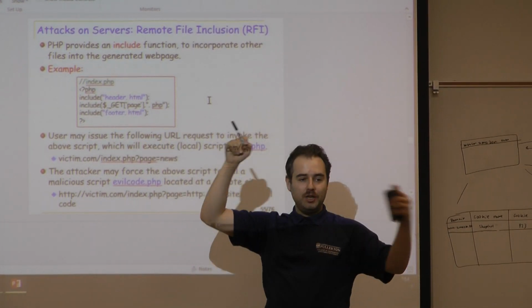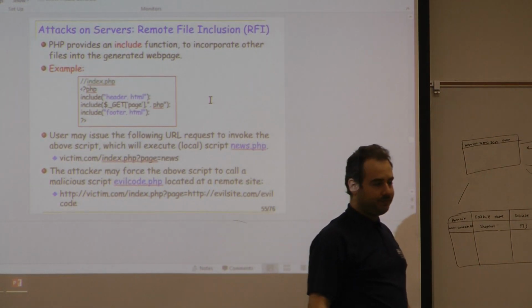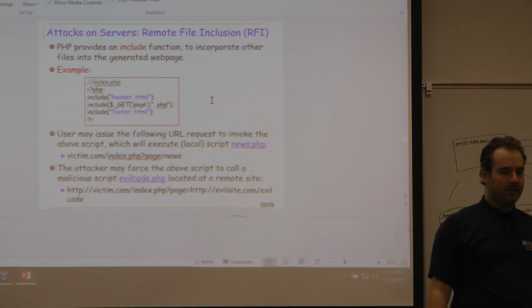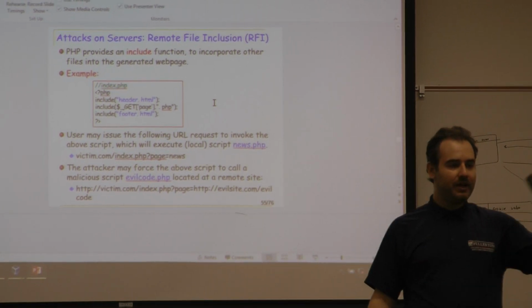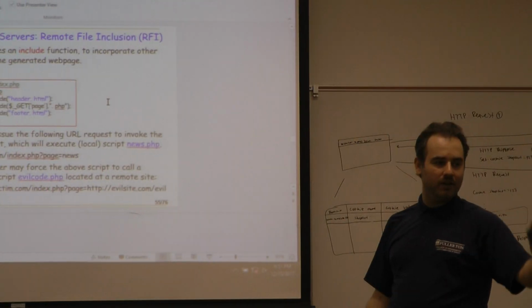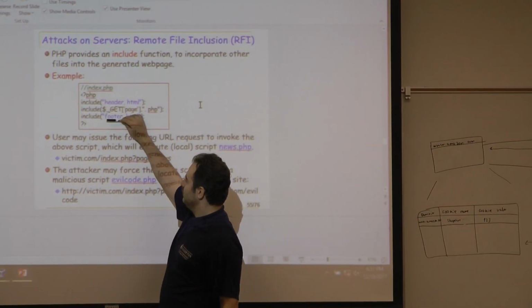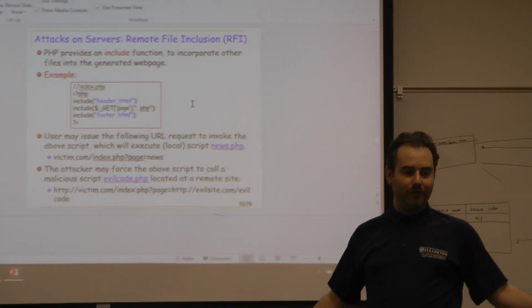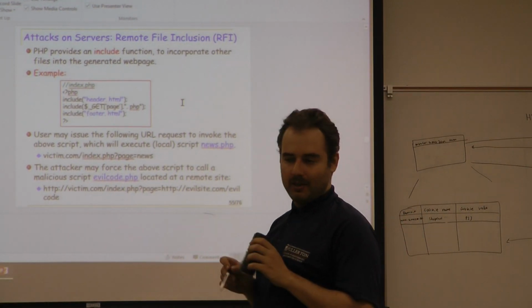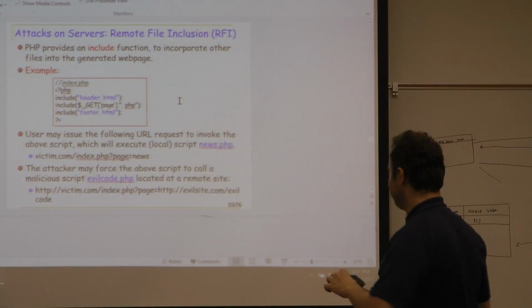To it, I add .php, and presumably this will execute another script called news.php, which will generate a page containing today's news. And then finally, I have another include, which will generate the HTML for the footer. Okay? So you may say, all right, so why is this bad?